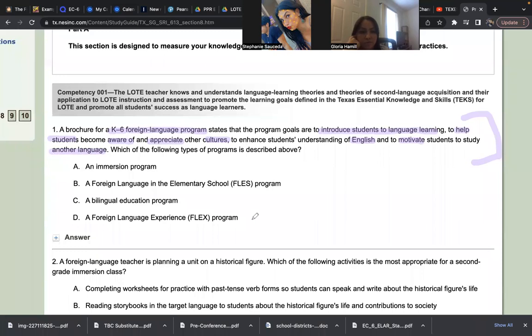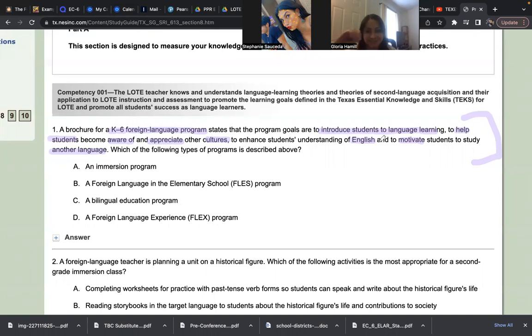And I think that you were pretty good in your assessment, but I want you first to go through and identify keywords and phrases. What are we trying to figure out here? What's the goal here? Well, we just have to identify what type. The first thing was the K-6, so it's elementary through sixth grade, and then introduce, help them just to be aware and appreciate.